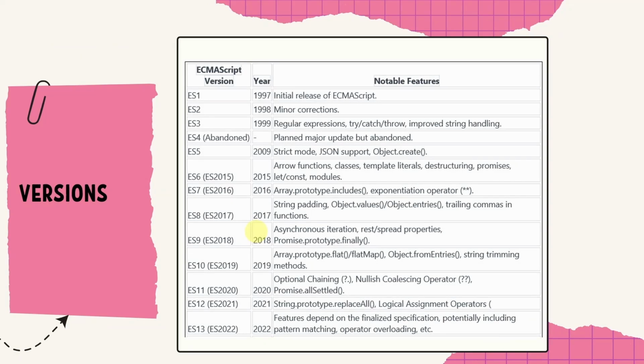Then come versions. We have different versions of JavaScript. The first, initial ECMAScript 1 was released in 1997 and some minor corrections were made to JavaScript in 1998. Then some things were added in ECMAScript 3, and a major feature set was added in ECMAScript 6 in 2015.